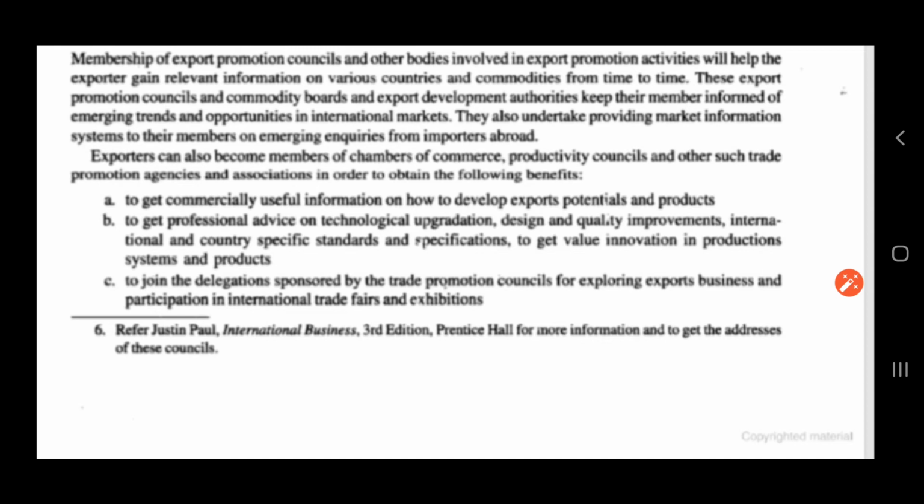And also the firm will be able to upgrade the technology with the advice provided by these professionals.